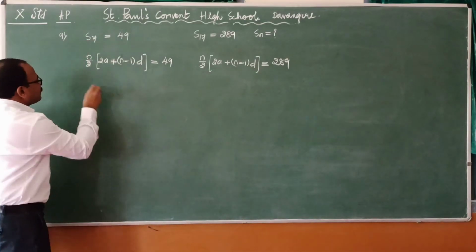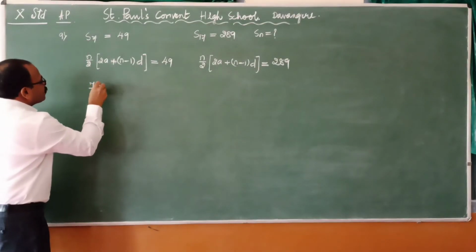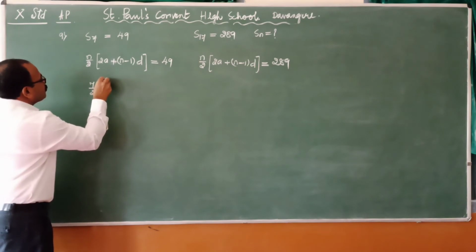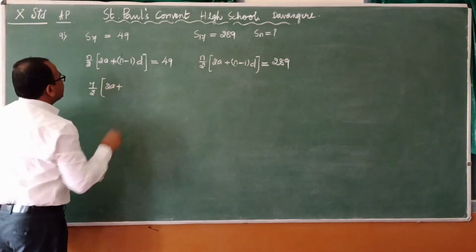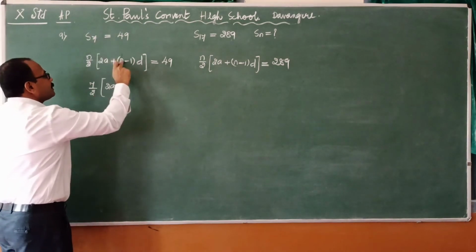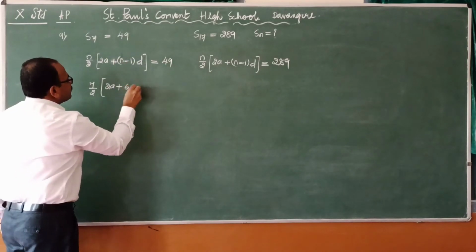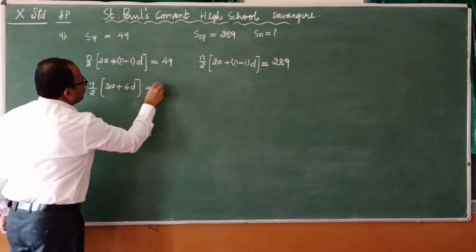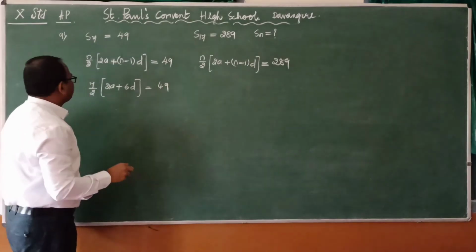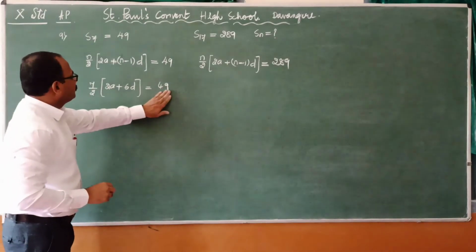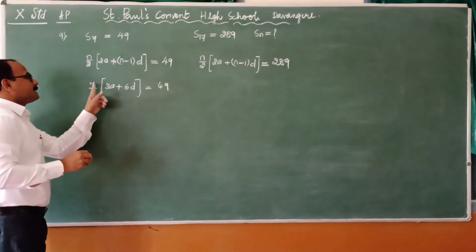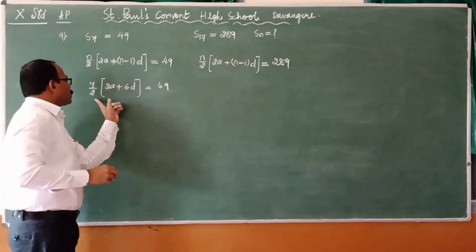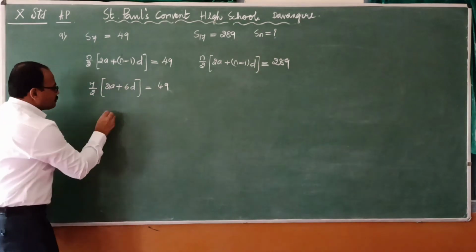Now substitute the known terms. n is 7. 7 by 2 into 2a plus n is 7. 7 minus 1 becomes 6d, is equal to 49. Now, further simplification, children: this 7 comes down, 2 comes up, by cross multiplication.